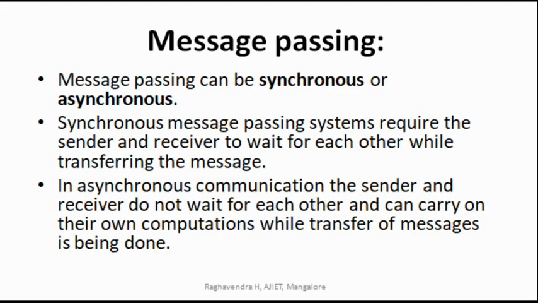So this is one example we can consider. Or in another way, synchronous message passing means first there is a request to receive the data. Then the sender asks whether you are ready for receiving the data, so this acknowledgement should be done. That is what happens in the synchronous message passing system.